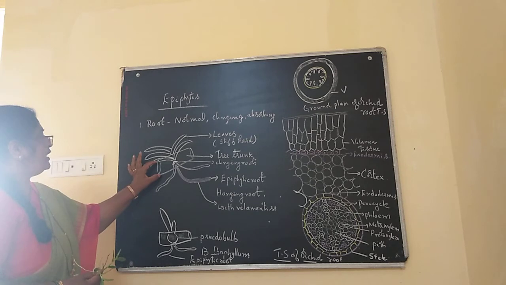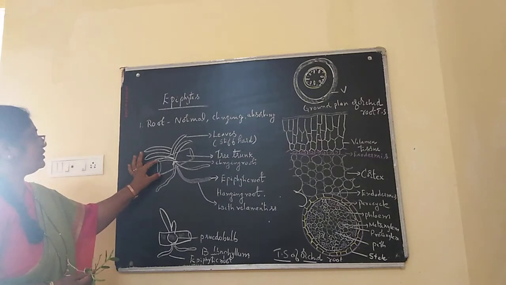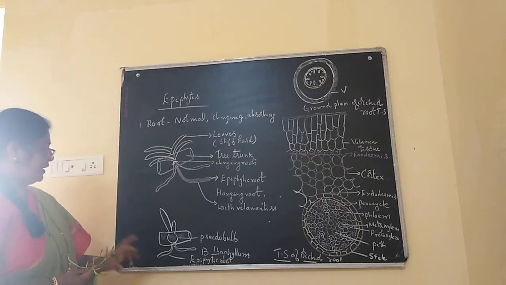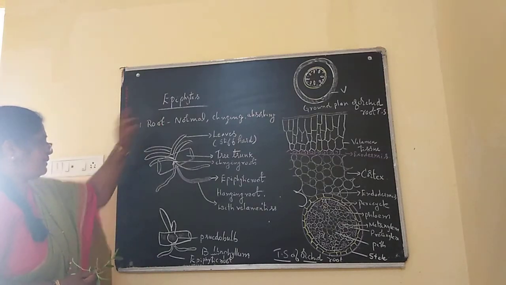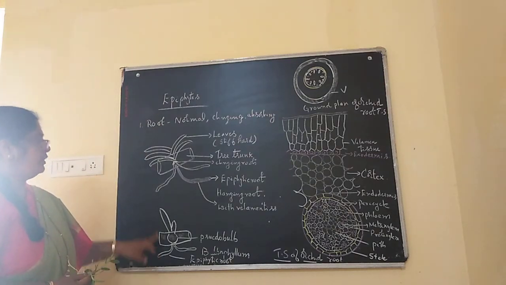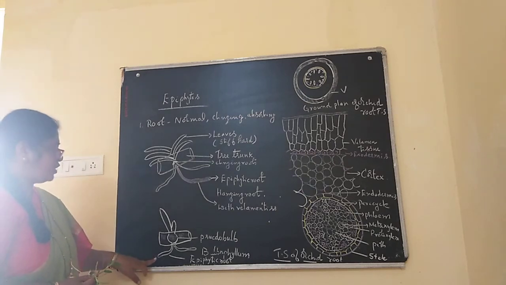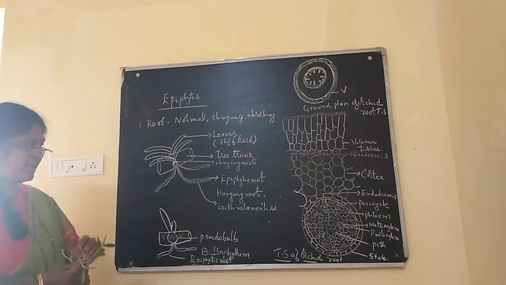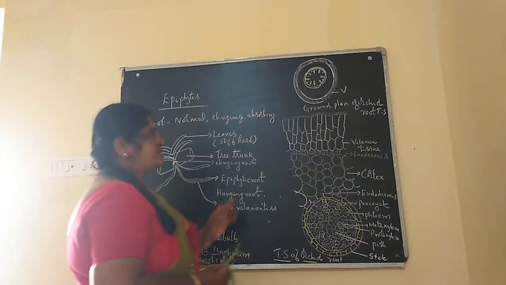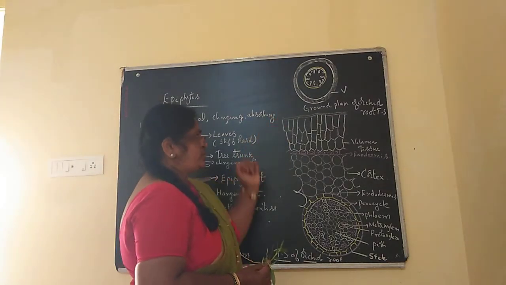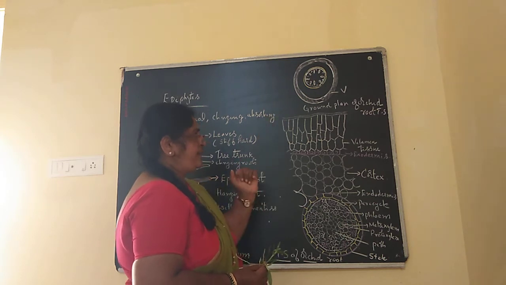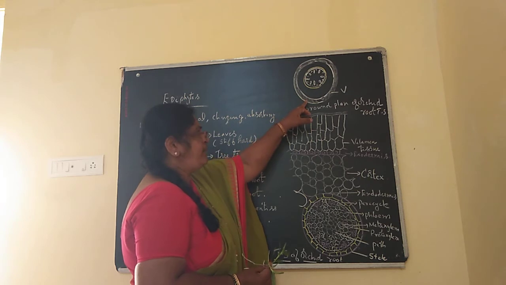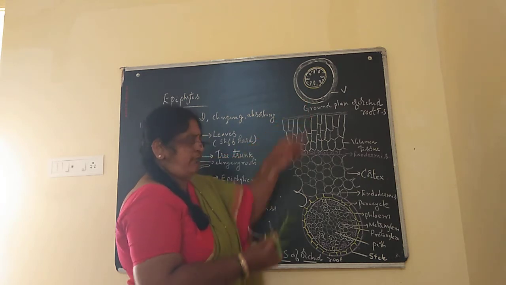It is clinging on the tree trunk with the help of the clinging root. Normal roots are also there, but in these epiphytes the hanging root, epiphytic root or absorbing root is very special. Why? When you take the transverse section of this absorbing root or orchid root, we can see a very important tissue called velamen tissue.